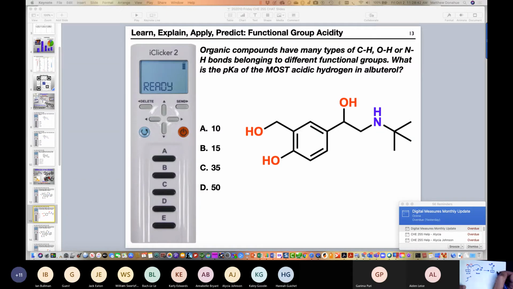And we end up with a molecule of water. So we have acid base, then over here, this is the conjugate base, this is the conjugate acid.